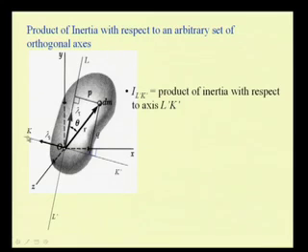Now, we consider one more arbitrary axis, say k prime, such that this L prime and k prime are orthogonal axes, are perpendicular axes, and let this lambda L be the unit vector along this axis, that is L prime, and lambda k be the unit vector along the axis k prime, and say theta is the angle between this L prime axis and the position vector r of this elemental mass dm.